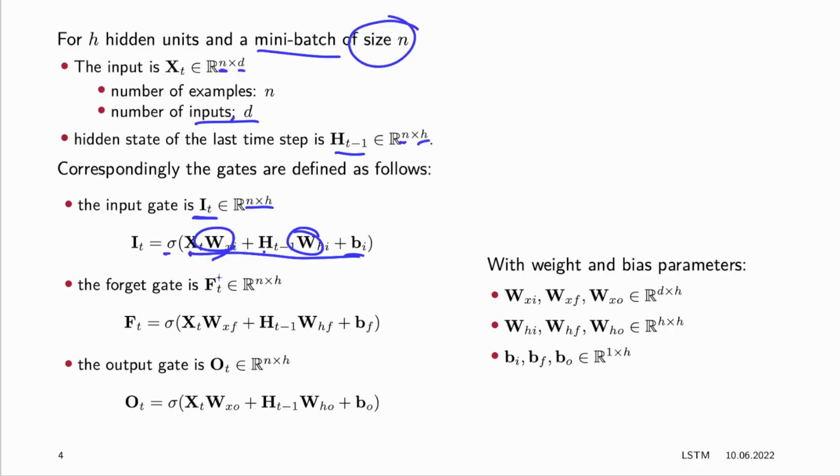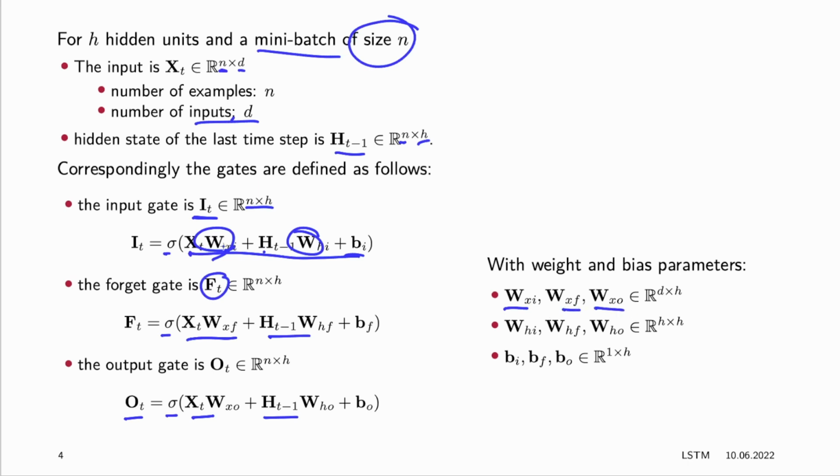A bias is added. The forget gate ft is similarly computed as sigma applied to a linear function of xt and h t minus 1 again. The output gate ot is computed similarly by sigma applied to xt times a weight matrix, h t minus 1 times a matrix, plus a bias. So we have all these different weight matrices, Wxi, Wxf, Wxo.